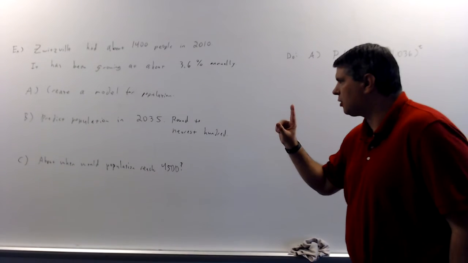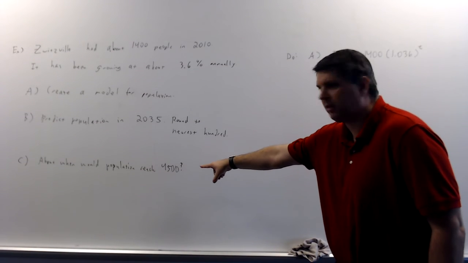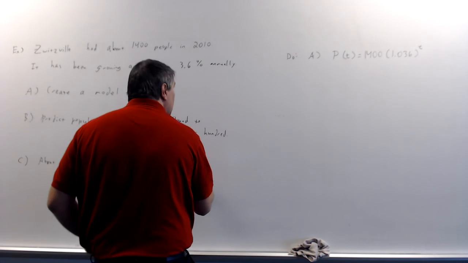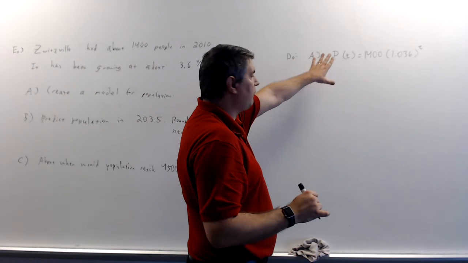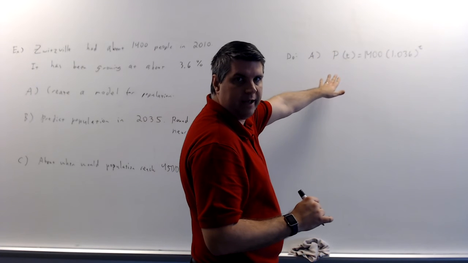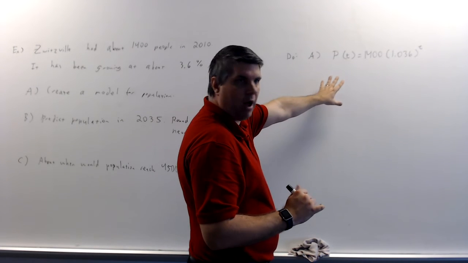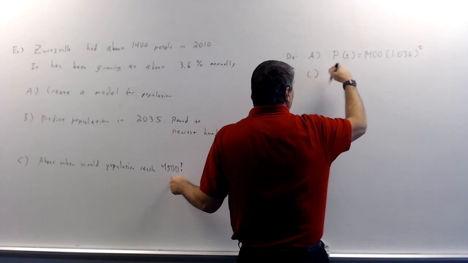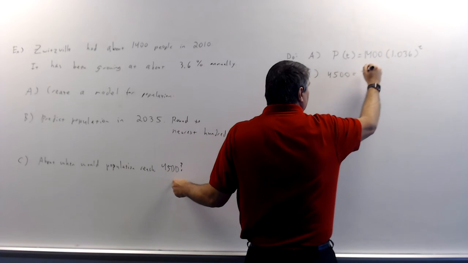Okay, so here's another question: when would the population reach 4,500? So, we know from part A what the model is. You need to see that again, rewind. To do C, we are interested in when the population equals 4,500.